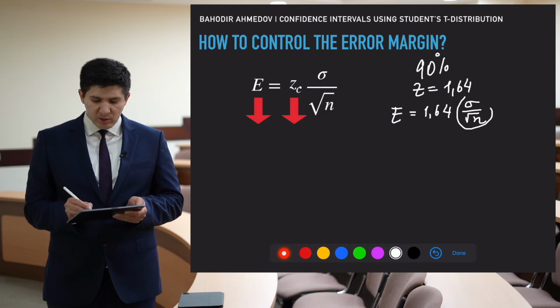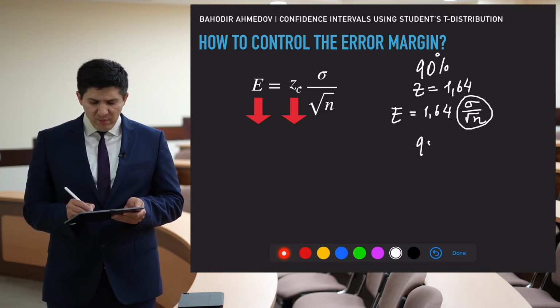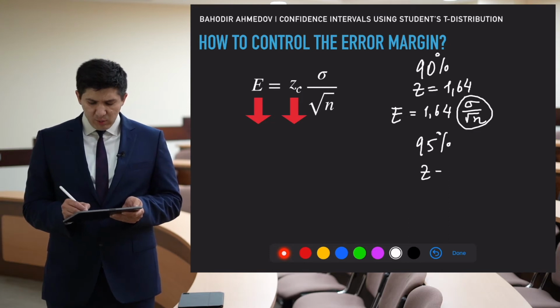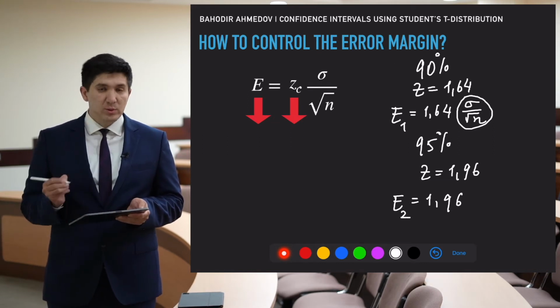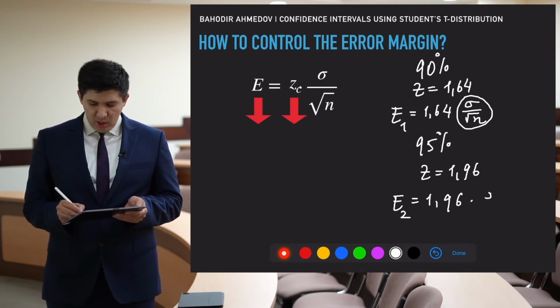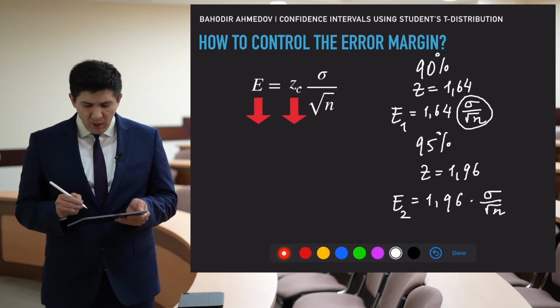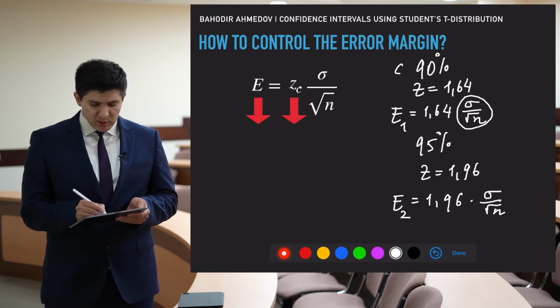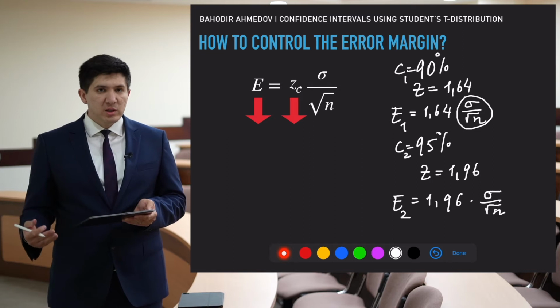So depending on whether you choose C to be 90% or 95%, your error margin is going to be different.